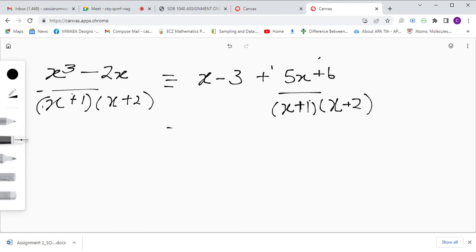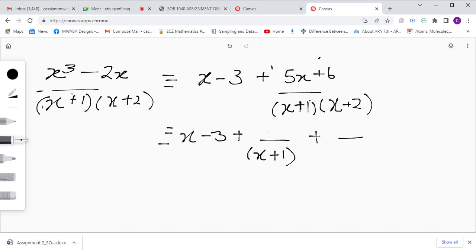So what's going to happen is we're going to write x minus 3 plus, and we first put our first factor here, which is x plus 1.